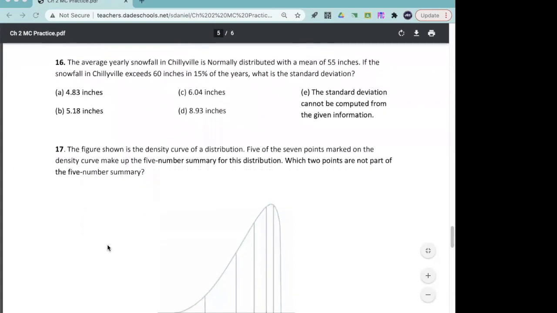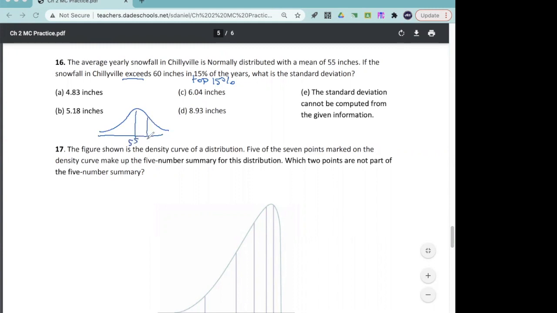Number 16, the average normally distributed. Okay, so for this one, the 15%, first of all, exceeds. So that means that 15% of the time your value is higher than 60. So this 15% would be the top 15%. Right? So let's just put a curve. The mean is 55.